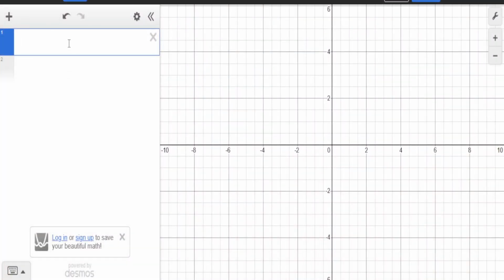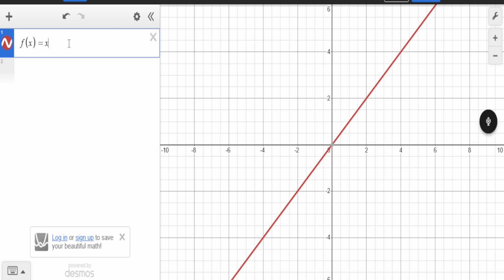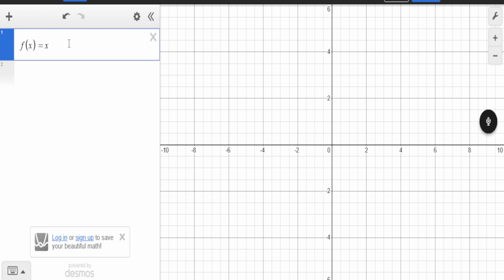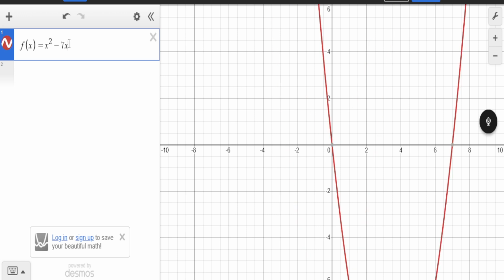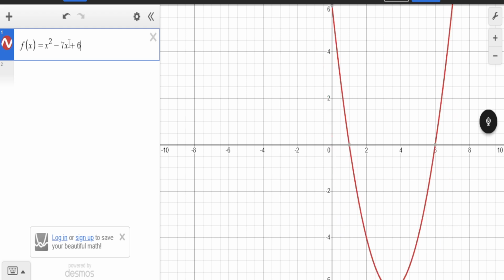And we're going to put our equation in. f of x is going to equal x squared minus 7x plus 6.